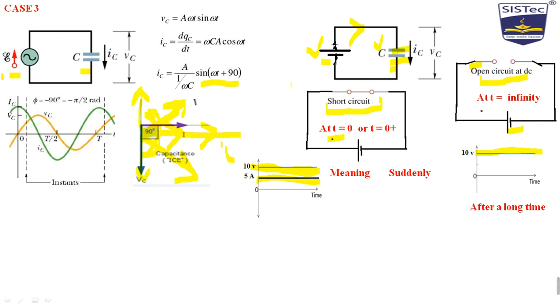And one more way you can answer, if somebody is asking you whether you have any other way to conclude that a capacitor is an open circuited device: you can say that the resistance of the capacitor depends upon the frequency, and XC is 1 by omega C, you all know.